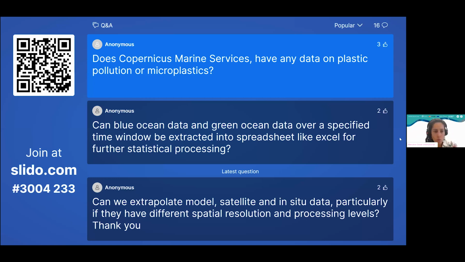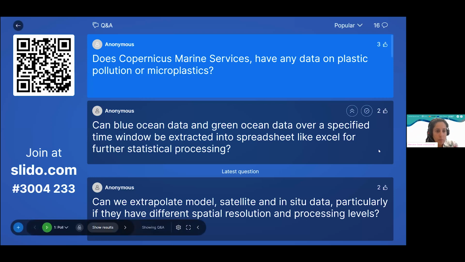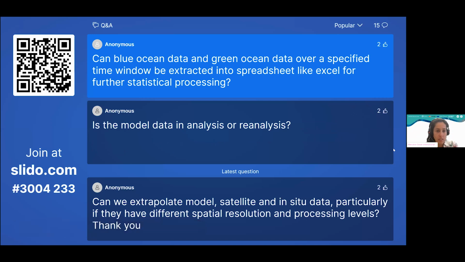Maybe we have time for one more question. Can blue ocean data and green ocean data over a specified time window be extracted into a spreadsheet like Excel for further statistical processing? If you have any experience with that.